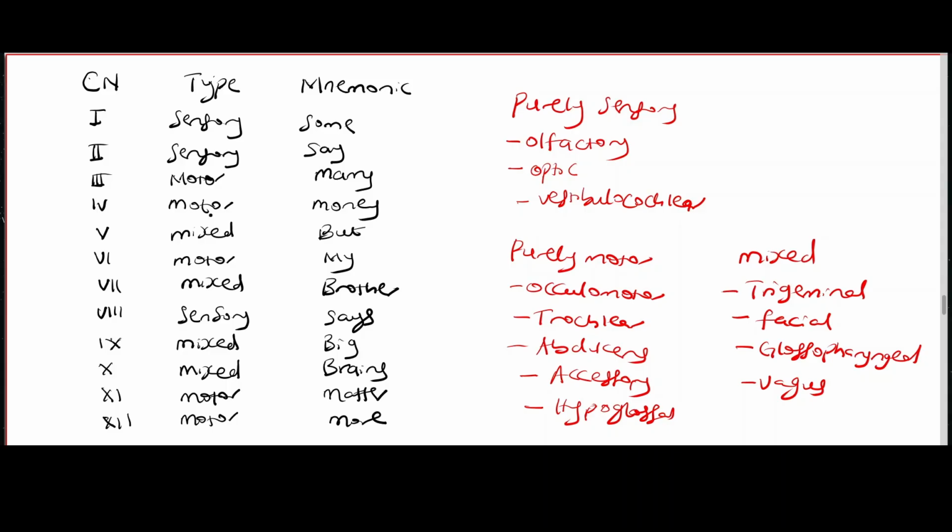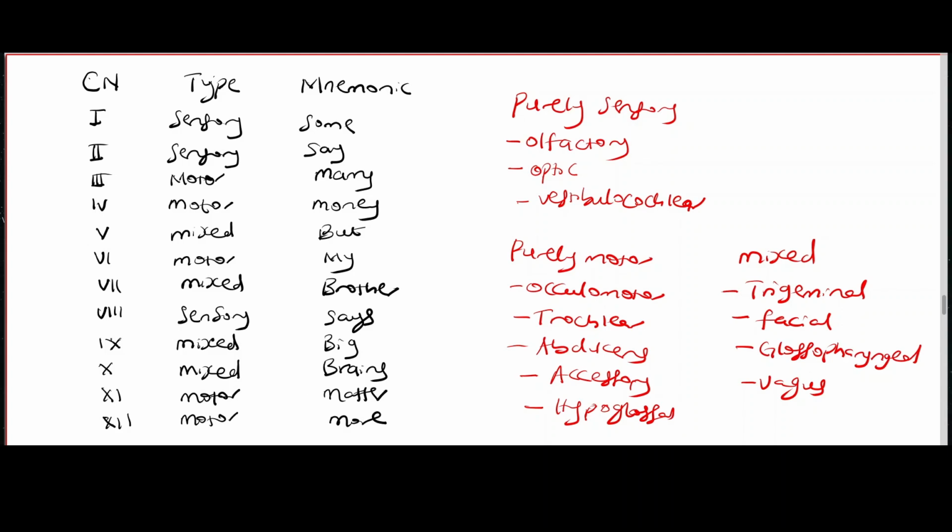All right, so this is a mnemonic to always remember which cranial nerve is sensory and which is motor. Some say marry money, but my big brother says big brain matters more.